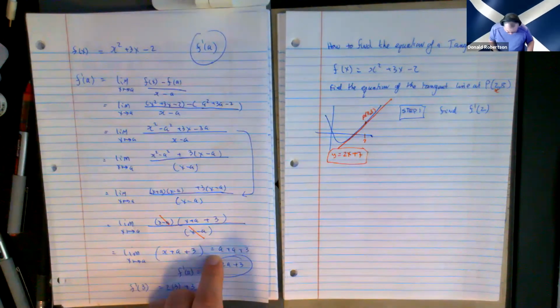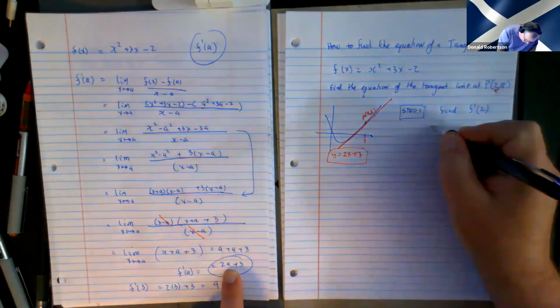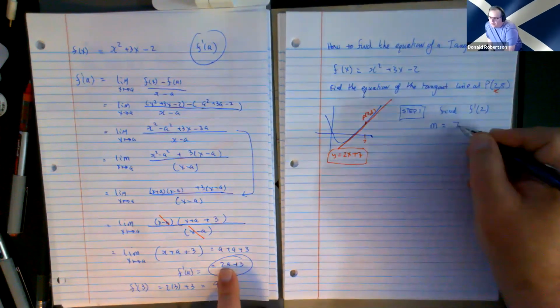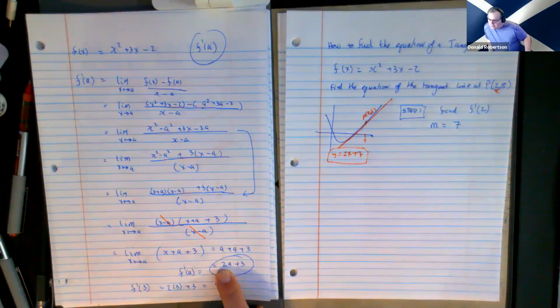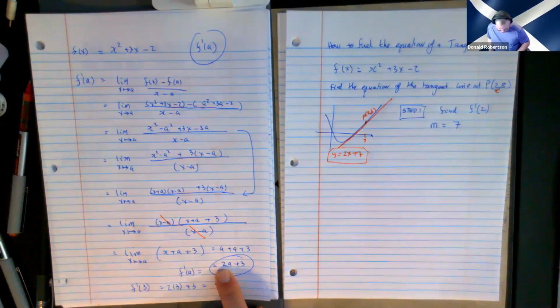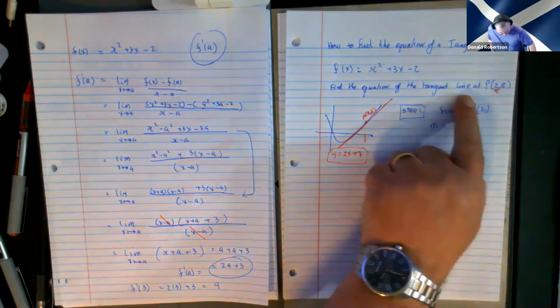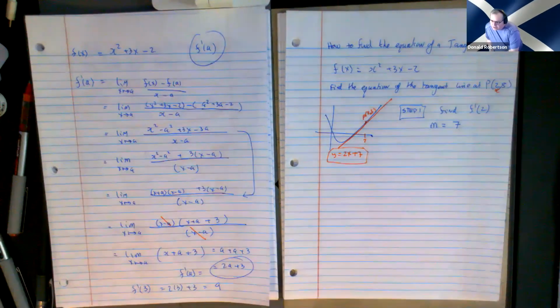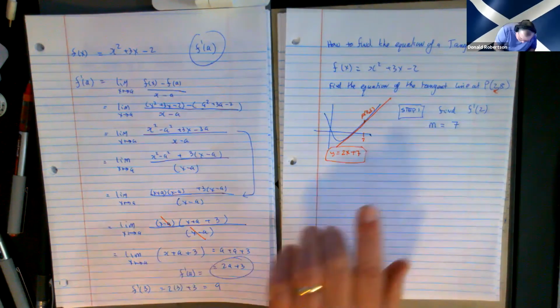Since it's 2a plus 3, is it okay for me to say that the slope of the tangent line would be 2 lots of 2 add 3, which is 7? If you didn't have this, you'd just use the limit as h tends to 0 or the limit as x tends to 2, and you'd eventually get, trust me, 7. Just cutting out the middleman.